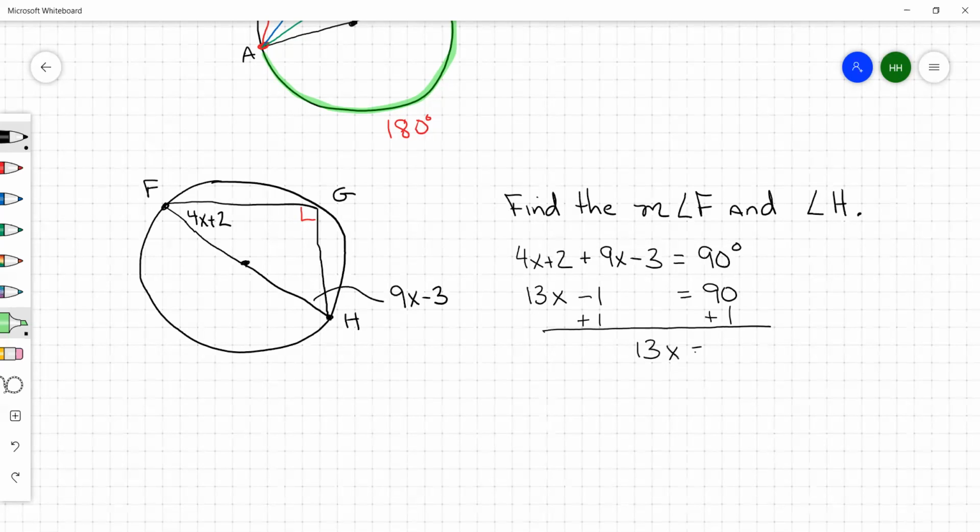It's now equal to 91. Going to divide both sides by 13. And x is equal to 7, right? I'm going to guess 7. I'll verify it with my TI-30XA.